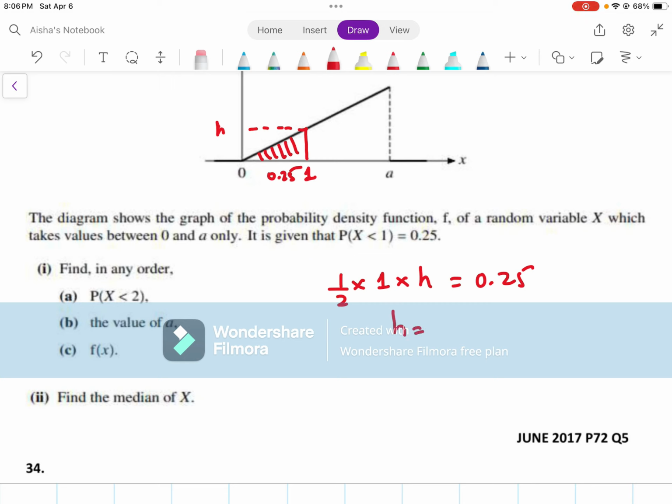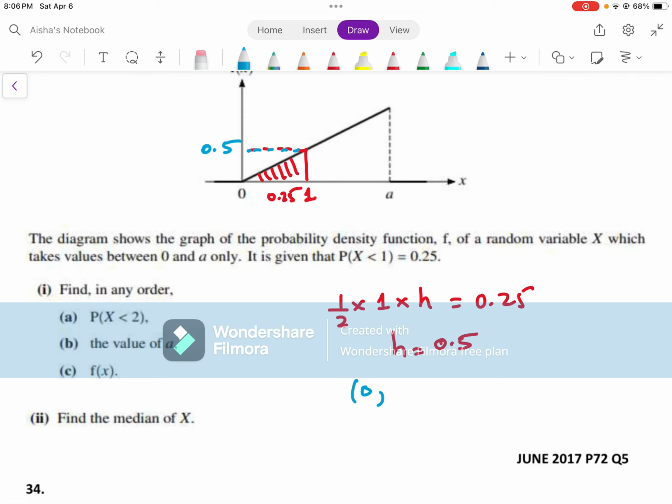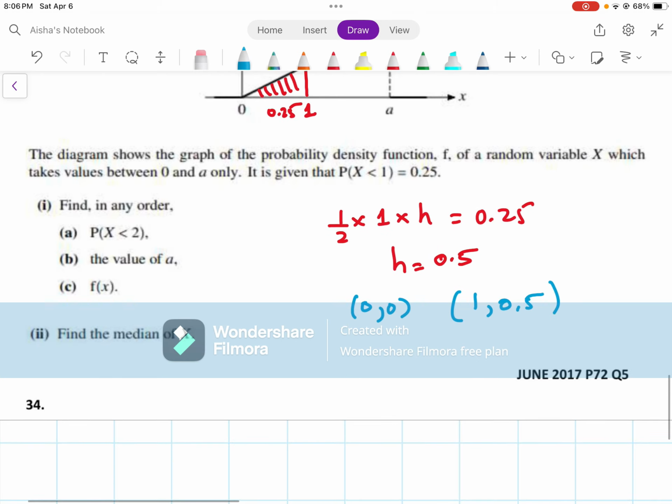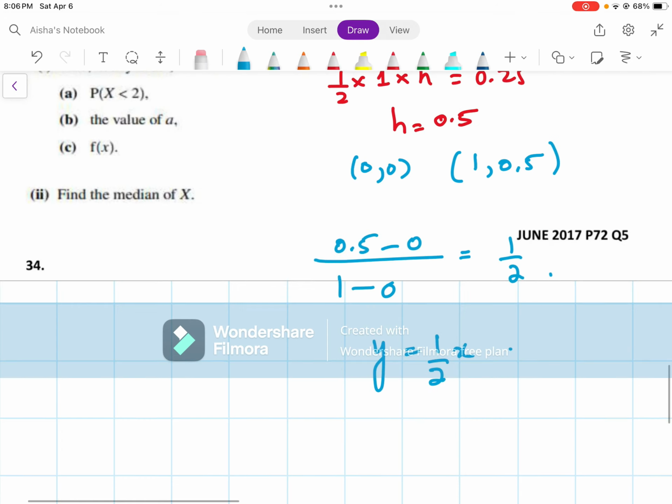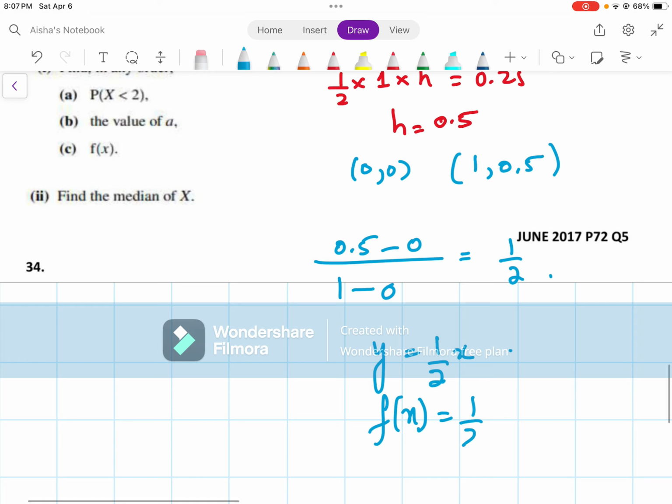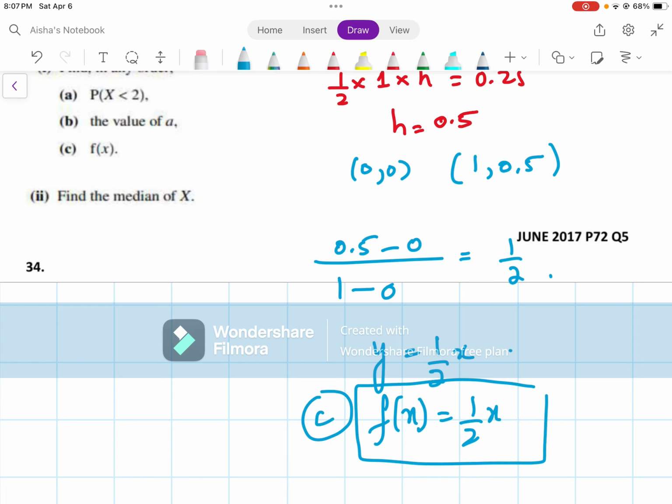So my height comes out to be 0.5. Now using these values, we have one point 0 comma 0 and another point 1 comma 0.5. I can find out my f of x, because f of x is the equation of the line. So f of x is equal to half x. This is my c part that I've done.